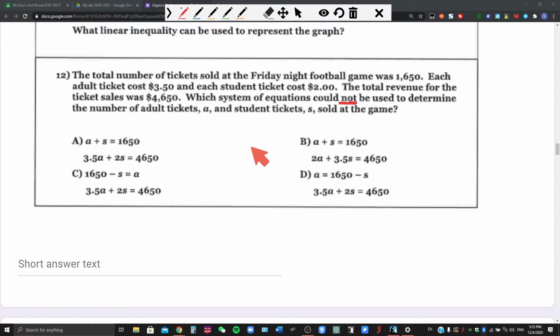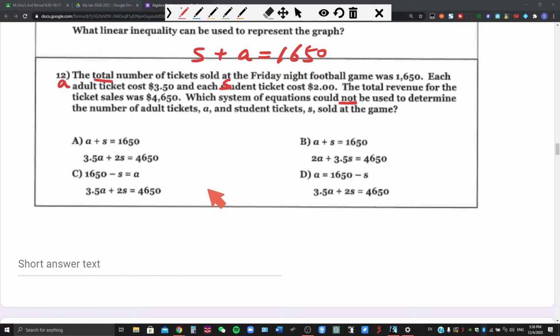So this is to set up the systems of equations, and they use A for adult tickets and S for student tickets. We are looking for the relationship. First, when you read the total, that tells you something adds up. The total number of tickets is 1,650. That's student tickets plus adult tickets, total 1,650.